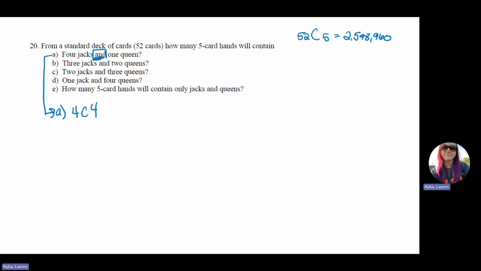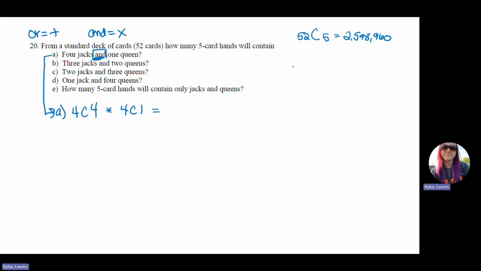And implies what operation? Or implies one operation and implies the other. Or is addition and and is multiplication. All right, so there are 4 queens. I want to choose one of them. So because there's an and in between them, I'm going to multiply those 2 results.